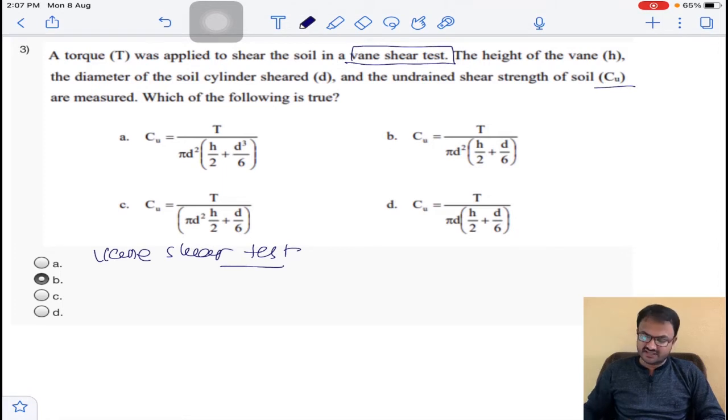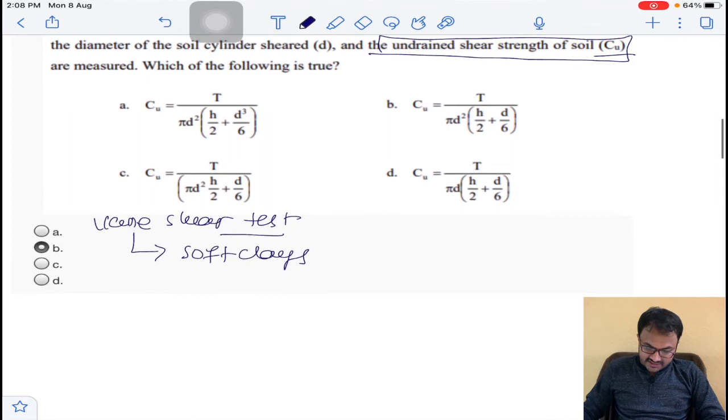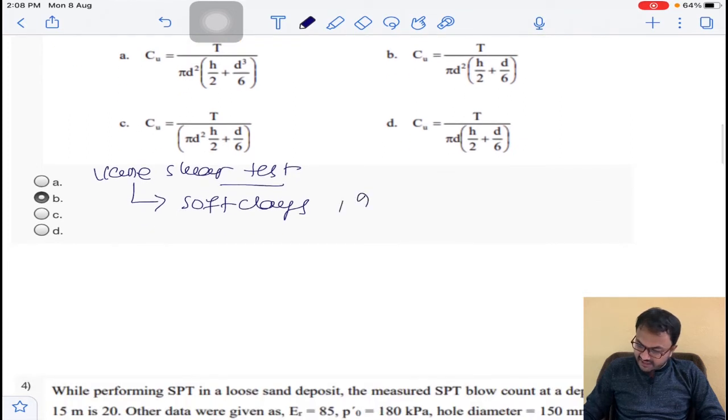So that is the main important formula that will be used in vane shear test during calculation of this one, undrained shear strength, Cu value. Okay, so vane shear test can only be performed on soft clays. And obviously it is conducted in the field. So it is a field test.